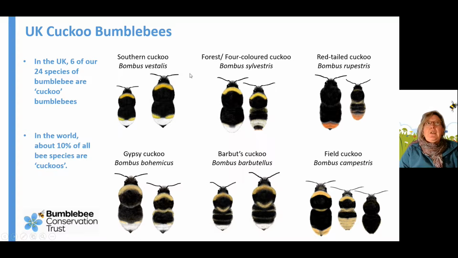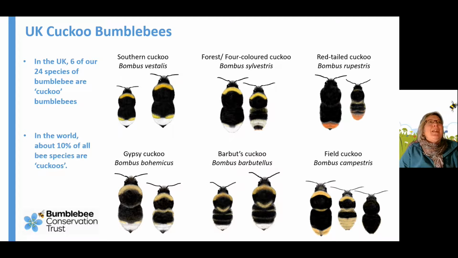Okay, in the UK, we have 24 species of bumblebee in total, which I'm sure you're aware of. And 6 of these are cuckoo bumblebees, which we're finding out about.